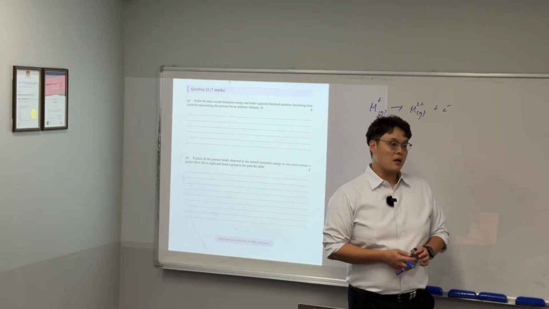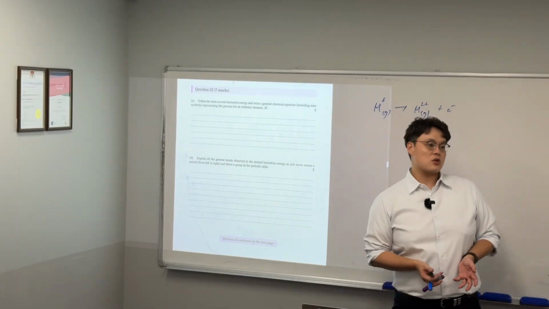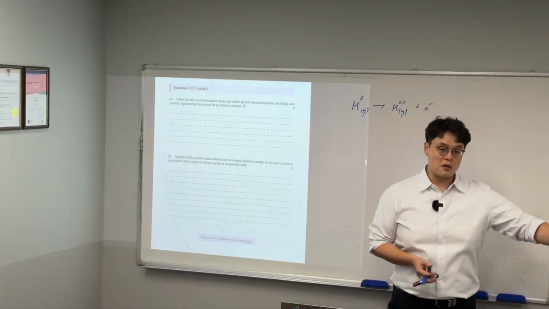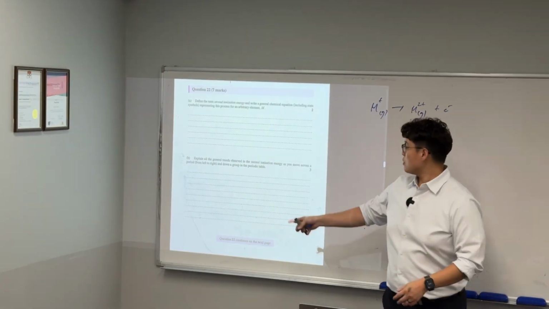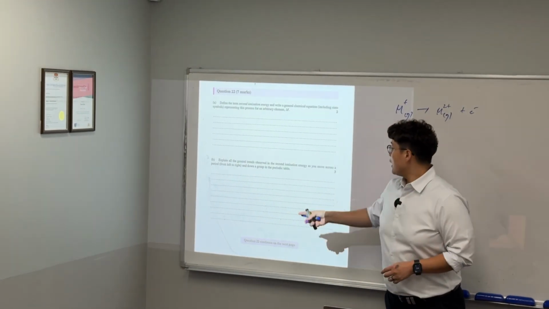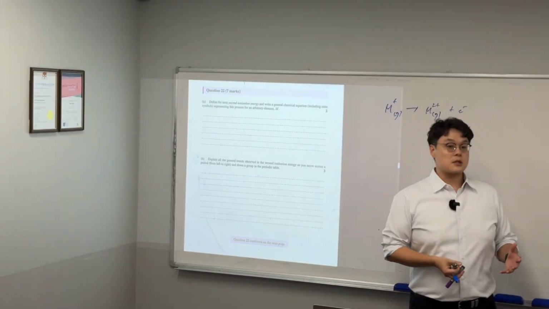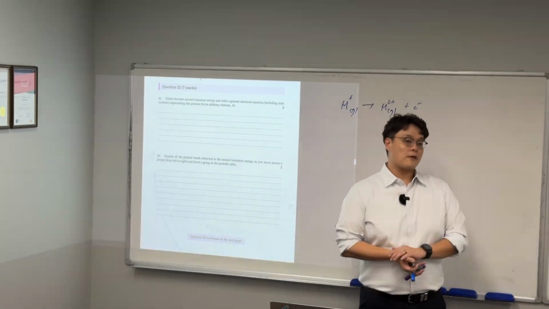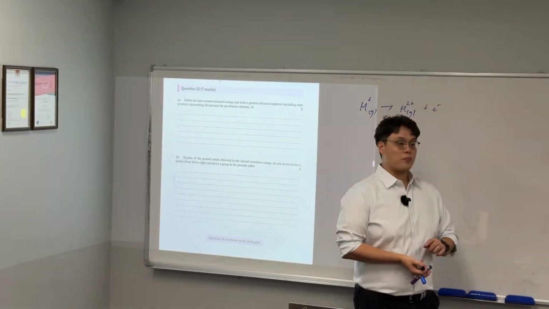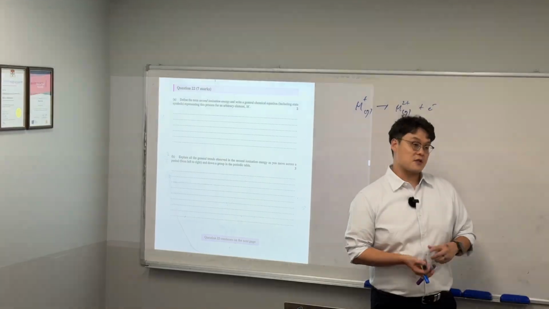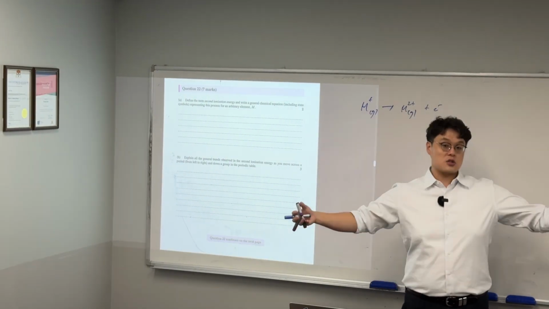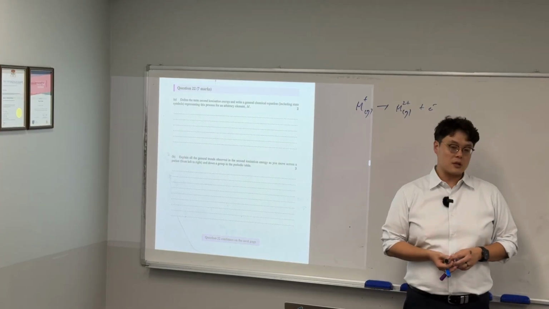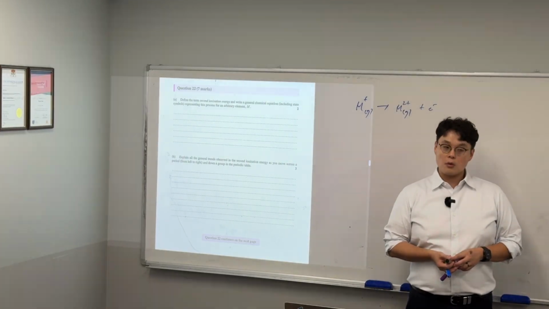If you just memorize the trends of the first ionization energy, your answer might be: going across the period, the first ionization energy increases due to the greater charge in the nucleus. But that's wrong.